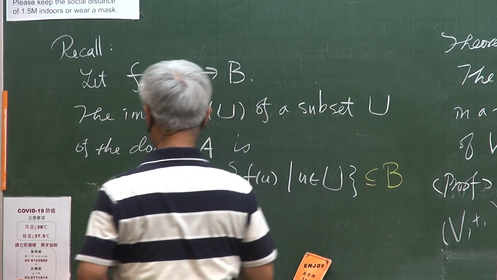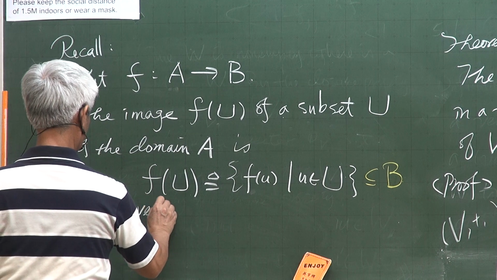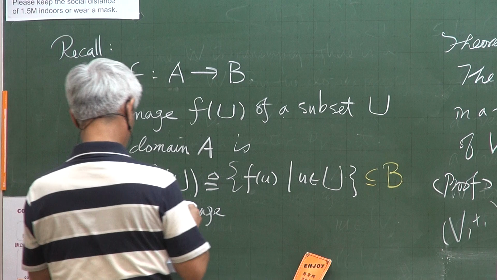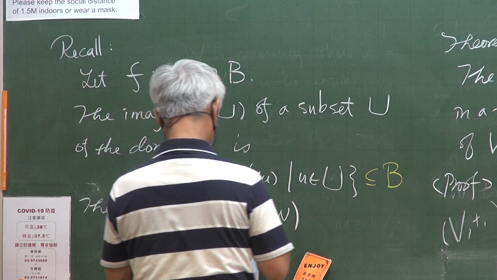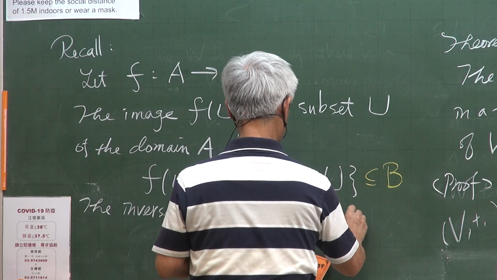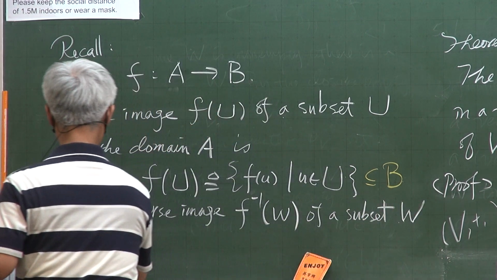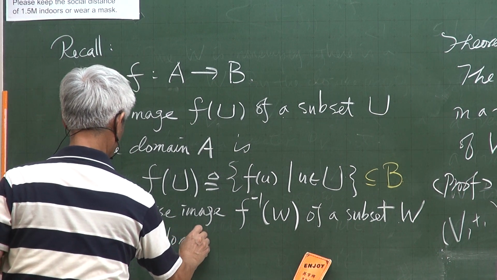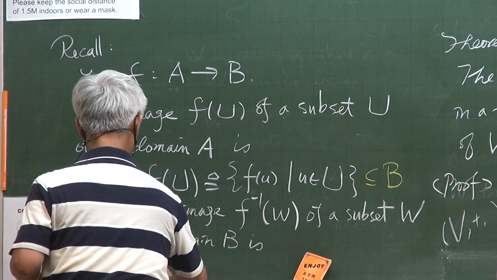And the inverse image of a subset W of the codomain B is defined in this way.